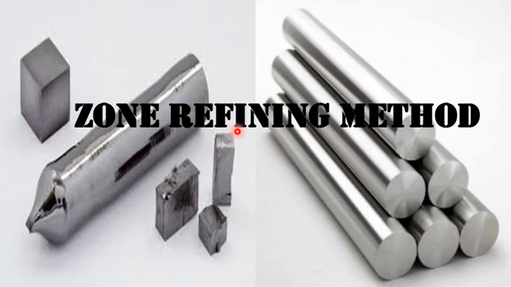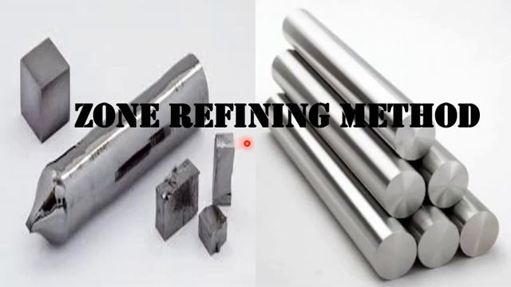So this method works on the principle of segregation coefficient, which is a physical phenomenon, and we state that the impurities basically travel from the solid phase into a melt.